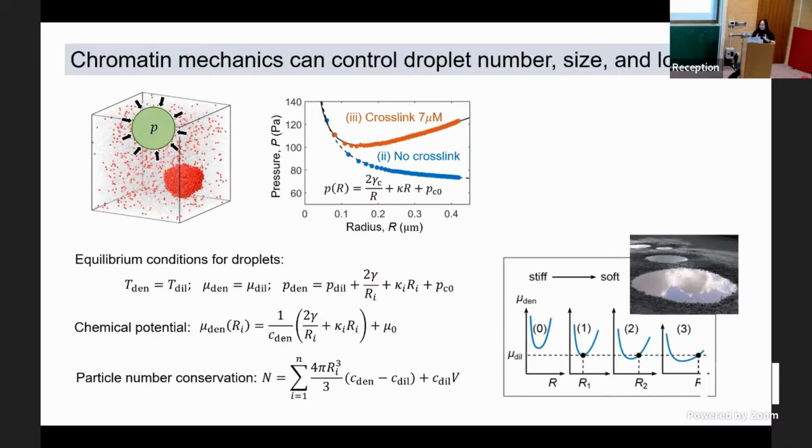Now this model is really a beginning step. It would be better if we could use reversible cross-links. Right now, because the cross-links are permanent, we can only look into the impact of the chromatin on the droplet. We are not seeing how the droplet can impact the chromatin.